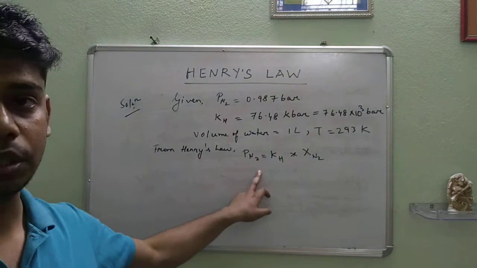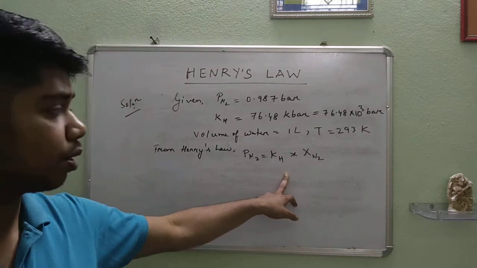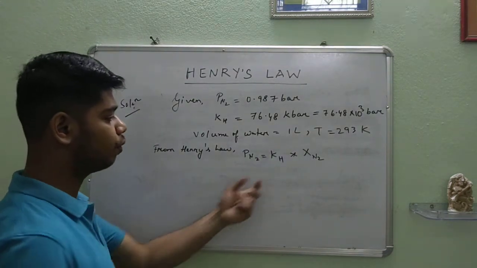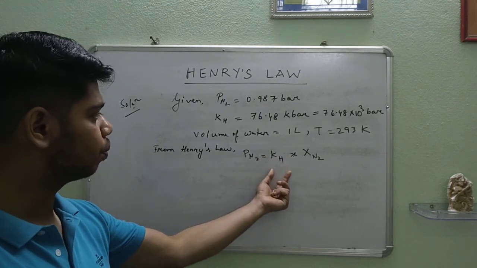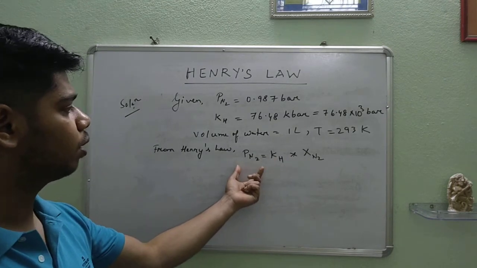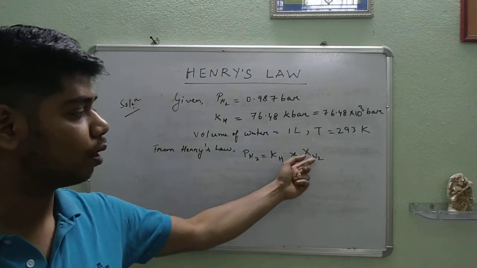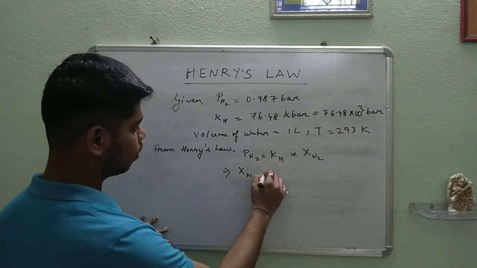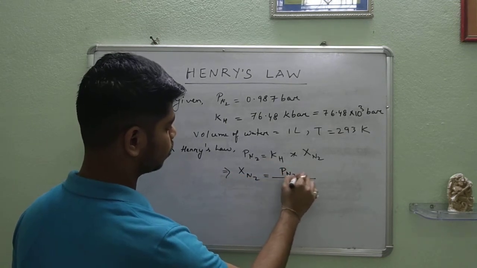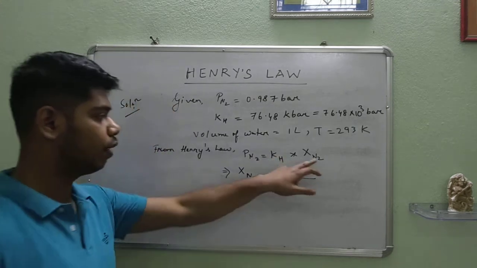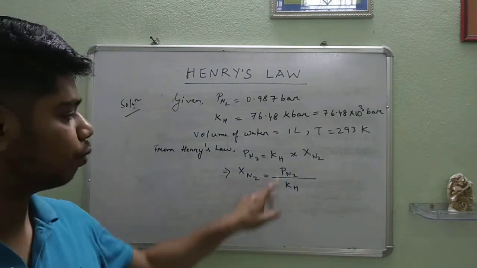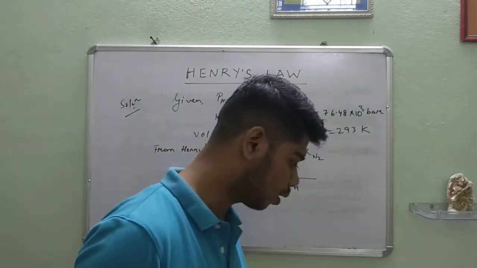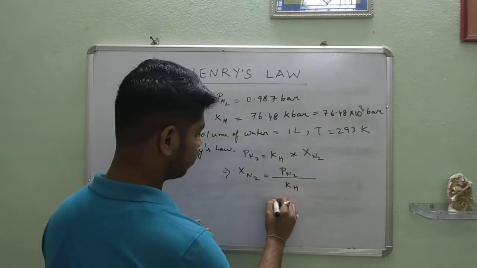You are supplied with Henry's constant and partial pressure, so from this we can easily calculate the mole fraction of nitrogen. Keeping mole fraction on one side, we bring KH to the other side, cross multiplication.